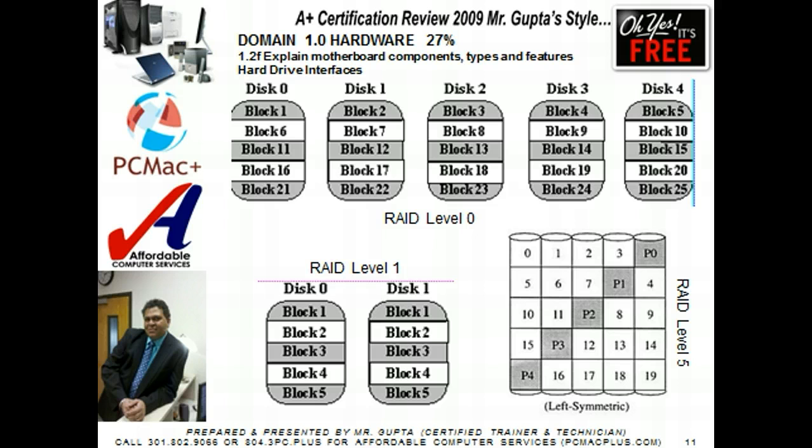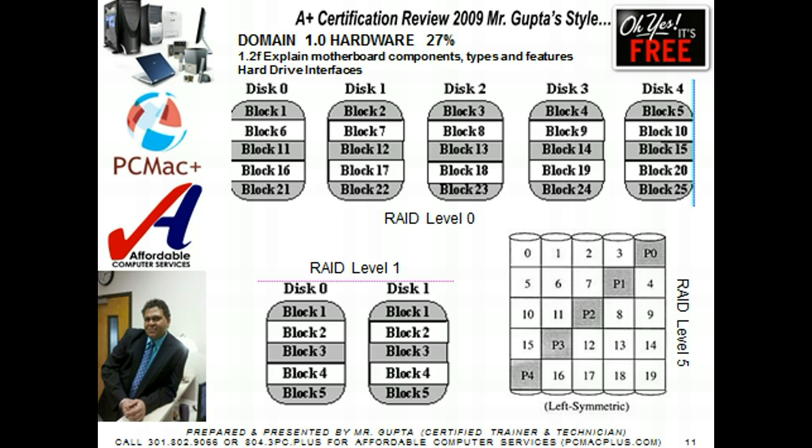RAID 0 writes to the physical disks evenly across all disks so that no one disk receives all the activity and therefore improves performance. Windows calls RAID 0 a striped volume, STRIPED. To understand that term, think of data striped or written across several hard drives.